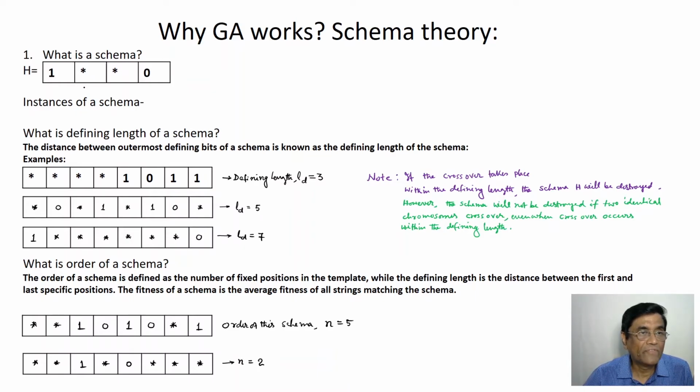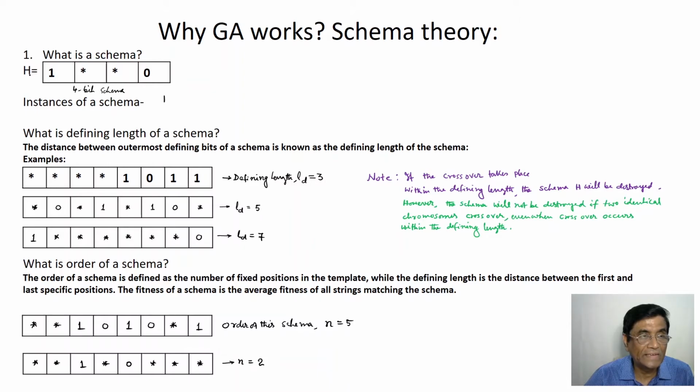Say I have a 4-bit schema like this, H, right? So this is a generalized representation of the chromosomes, though it can represent so many chromosomes. You see, this star, what are these stars? Star can take any value, 0 and 1. Binary coded, we are talking about binary coded GA. So these are called instances of a schema. So 1 and 0, they are fixed.